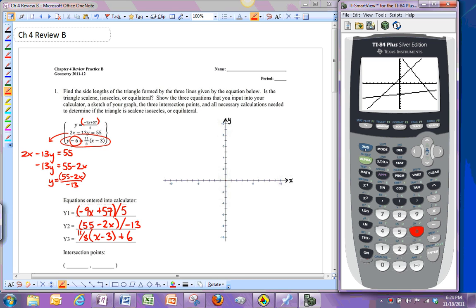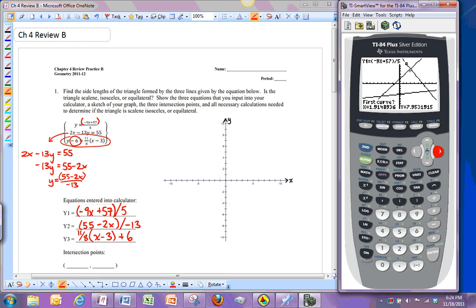To find intersections, you're always going to go second calc, and then let's find number 5. Then we have to answer a few questions. First curve, second curve, guess. There's my cursor, right here.